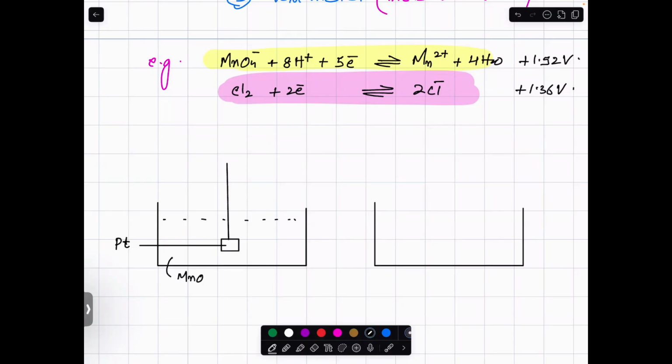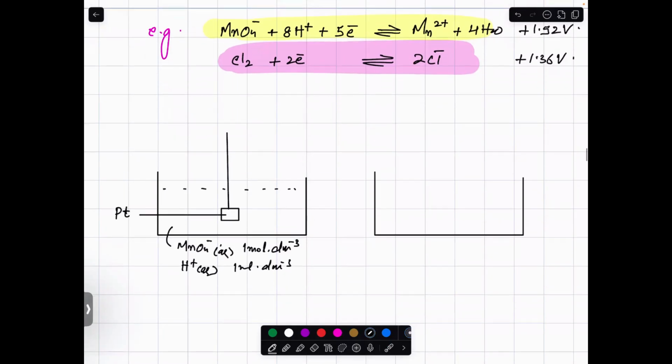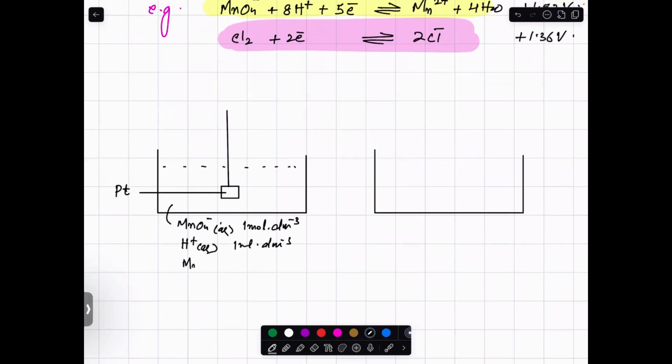MnO4 aqueous. You have to draw and label everything. MnO4 minus, 1 mole per dm cube. H plus aqueous, 1 mole per dm cube. Mn2 plus aqueous, 1 mole per dm cube. This is one half cell.